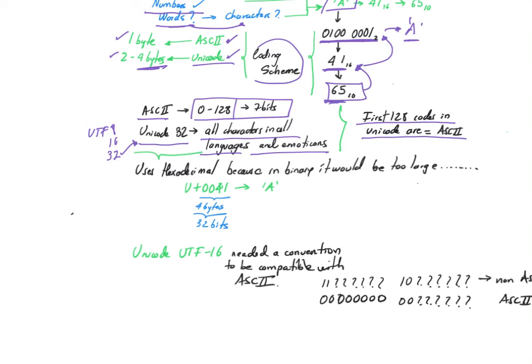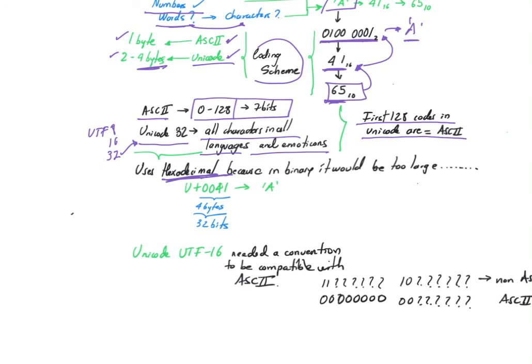Now, to have fewer digits to represent all these numbers, we use hexadecimal because, as you already know, it's a lot simpler to describe bigger numbers using a hexadecimal system.